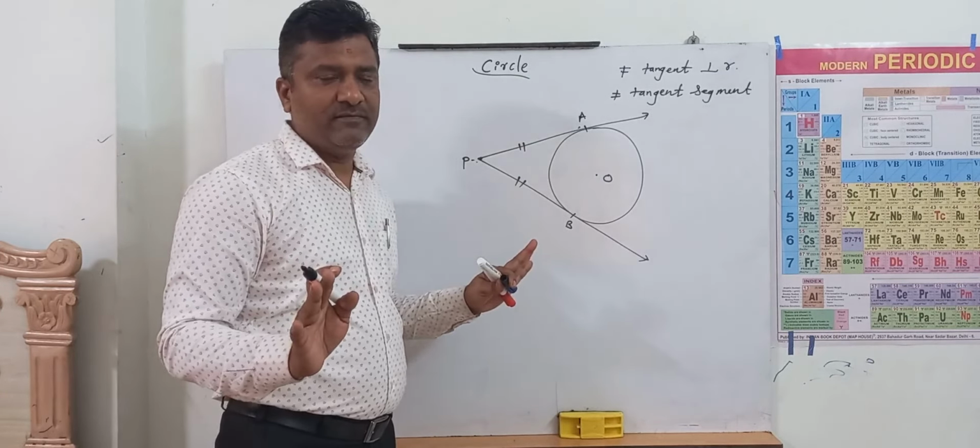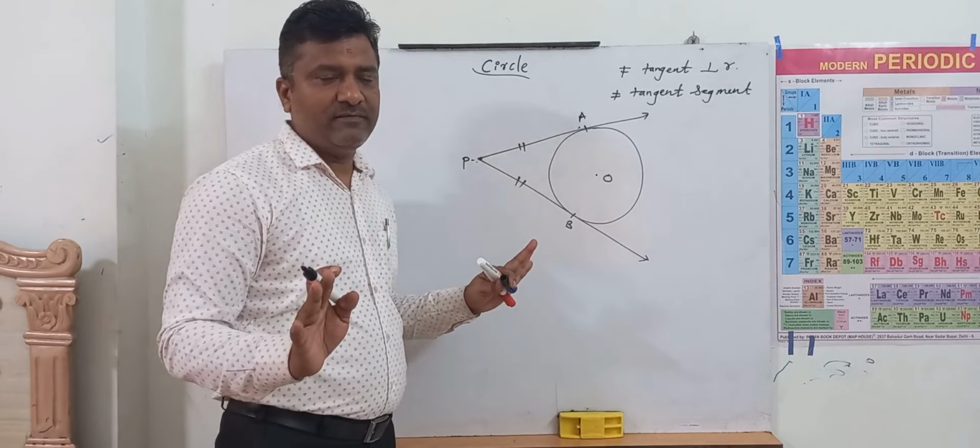Sometimes they can ask you a sum based on this. Look here, these two radii are equal. Now if two adjacent sides of any quadrilateral are equal, this quadrilateral APBO becomes a kite. And then a question can be asked based on the kite or angles. Somehow this is 90, this is 90.